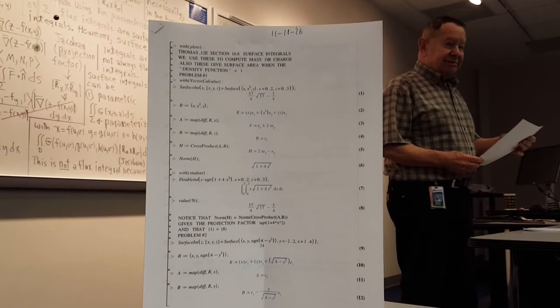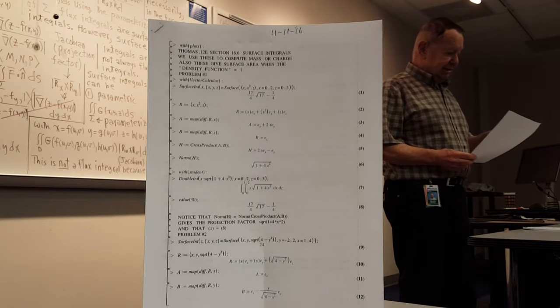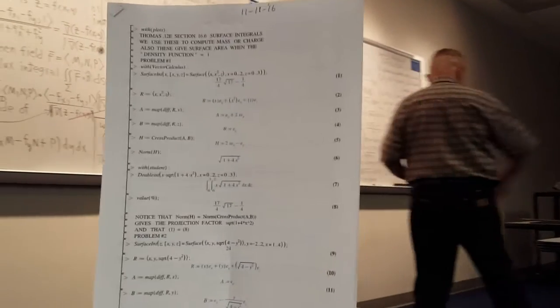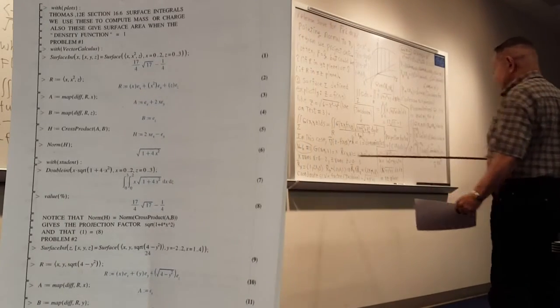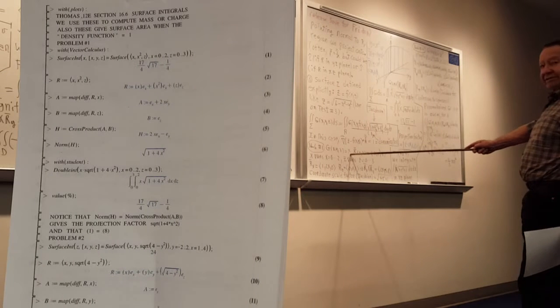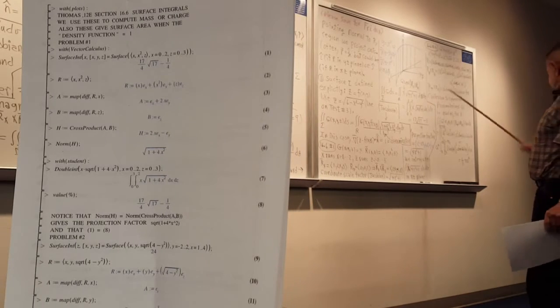You can type surface int, and then whatever the function is. See, that's the x. That's x because in this problem, our function of x, y, z is x. So that's this x. So it's this one.